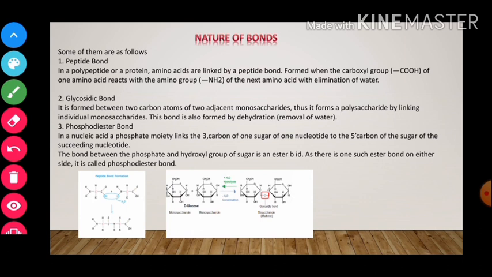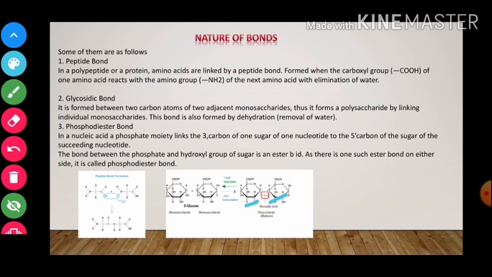And this glycosidic bond is formed between the first and the fourth carbon atom of the successive monomeric units. You can see here in this picture the first carbon and fourth carbon. The bond formation between the first carbon and fourth carbon is the glycosidic bond. And in a branched polysaccharide, branching is by 1,6 glycosidic bond, right? So that is the structure, and again here is the loss of water molecule, dehydration process is there.